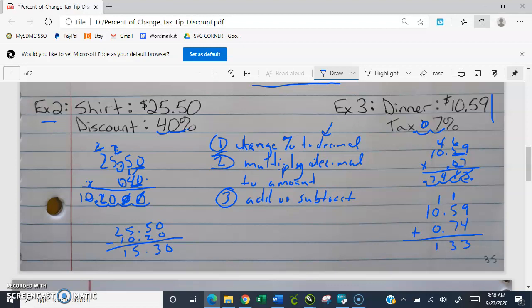We can bring the 1 down, and we can bring the 1 down here. I bring my decimals straight down. That's why I line my decimals up. So if I went out to eat and it cost me $10.59 and I needed to pay a 7% tax, my total bill will be $11.33. Have any questions? Let me know.